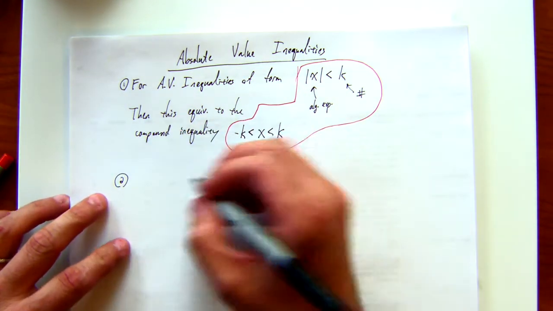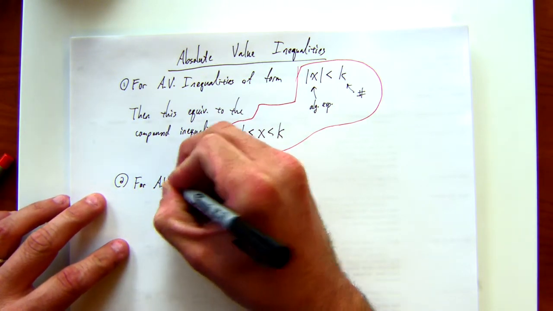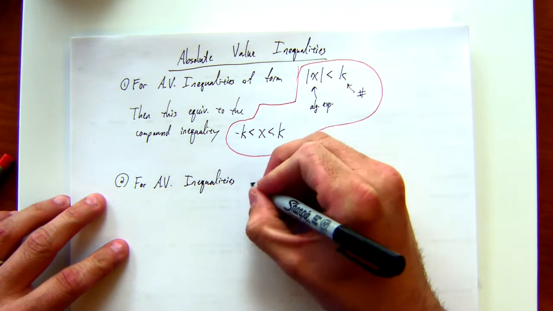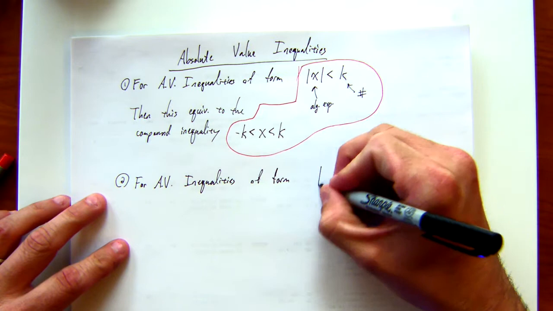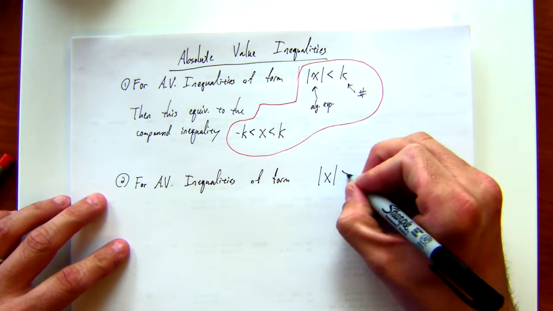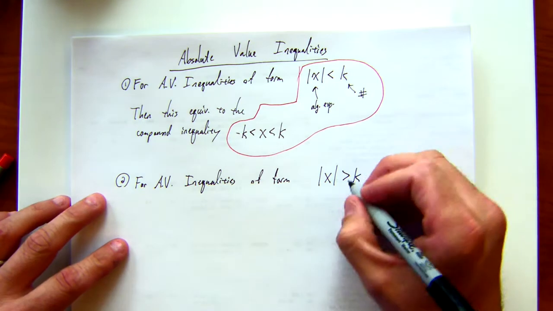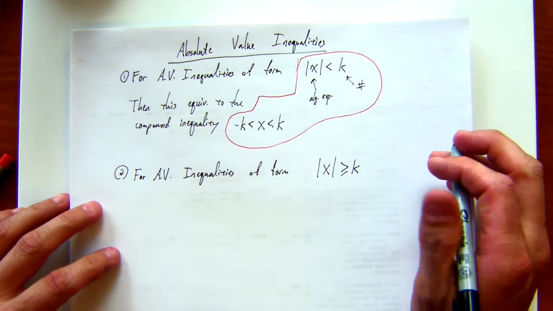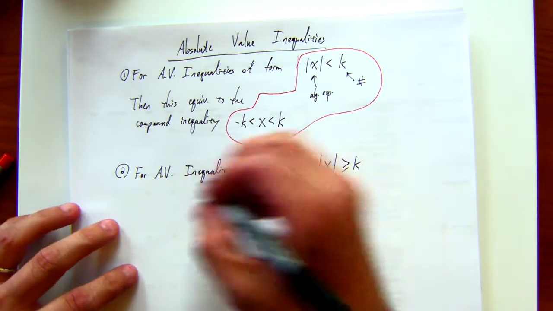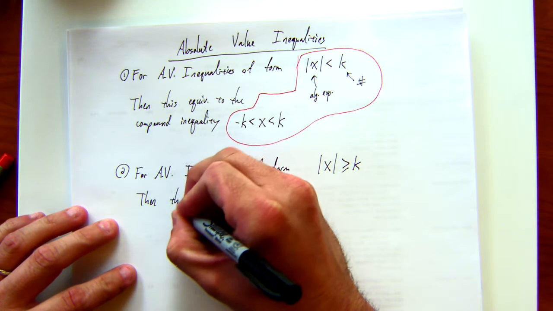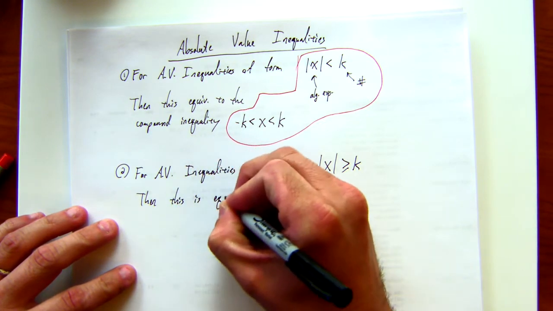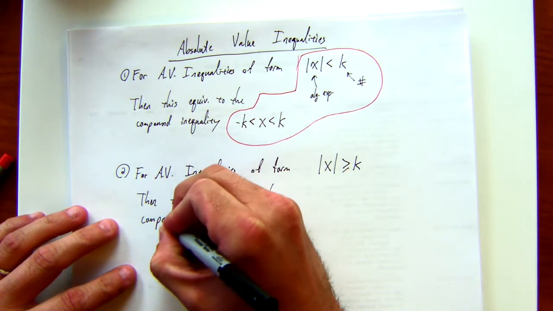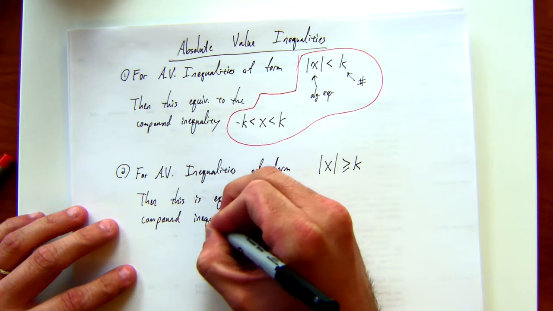Now the next thing that we need to know, for absolute value inequalities of the form, the absolute value of some expression is bigger than some number, or it could be bigger than or equal to, then this is equivalent to the compound inequality.